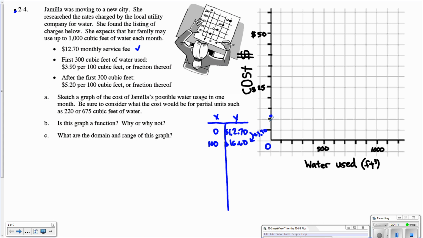So if we look here, this is 5, 10, 15, $16.60 here. So we're going to put an open circle, right? Because they're not going to get charged for 0. They're going to get that $12.70 charge for 0 cubic feet, but they will get charged anything above that all the way over to 100. They're going to get charged $3.90. So we'll put a point here.